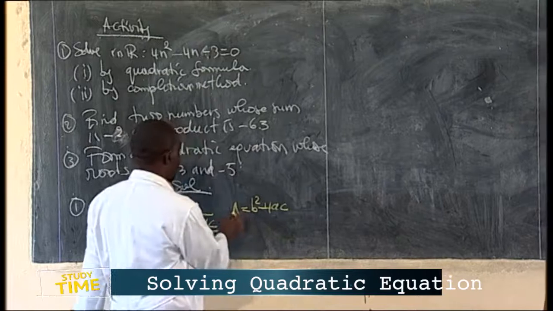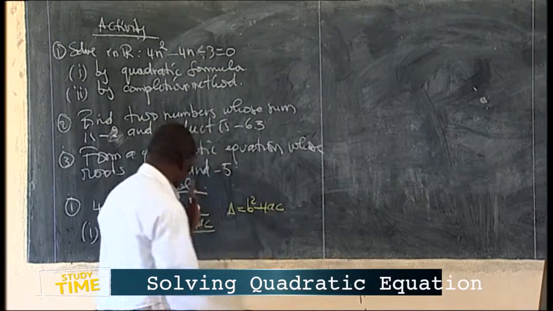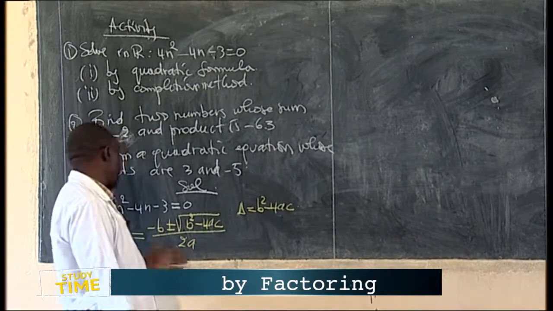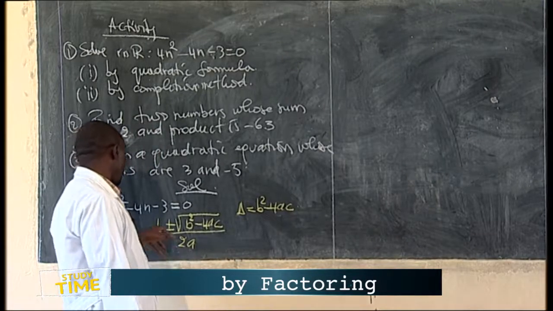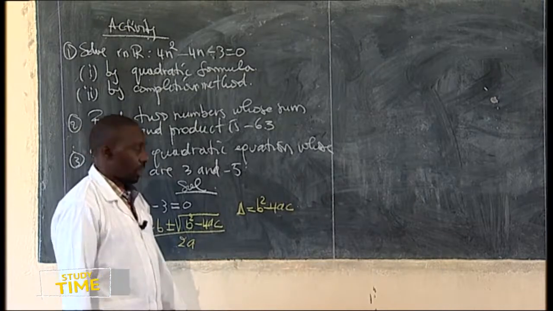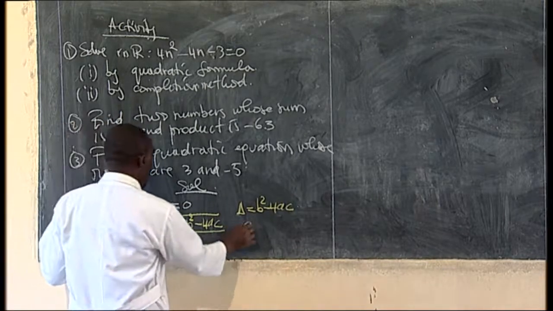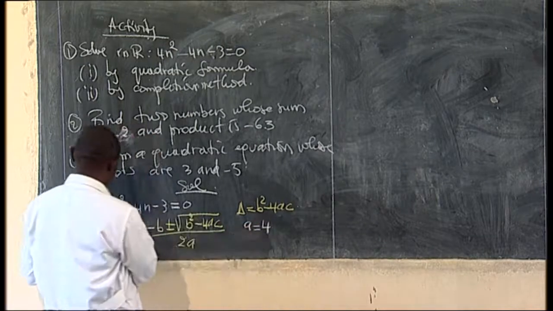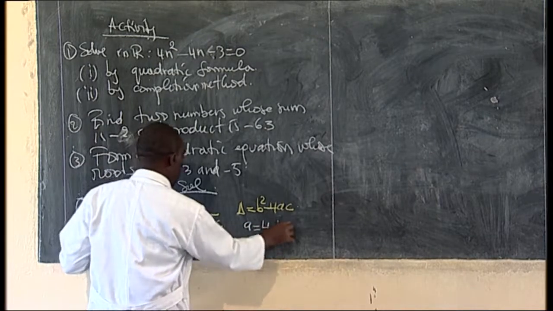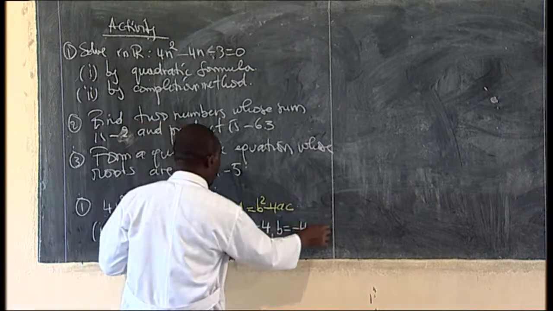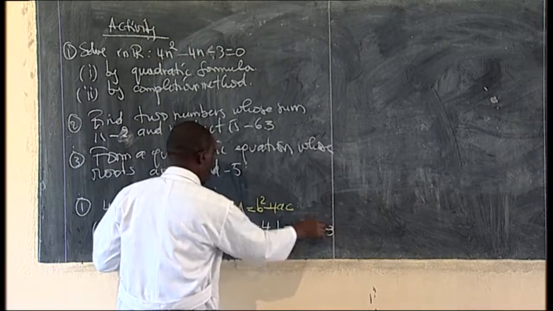When you have this discriminant, everything is very simple. Of course, you have to recognize the values of a, b, and c. For us, if you look at this equation, a is equal to 4, b is equal to minus 4, and c is equal to minus 3.